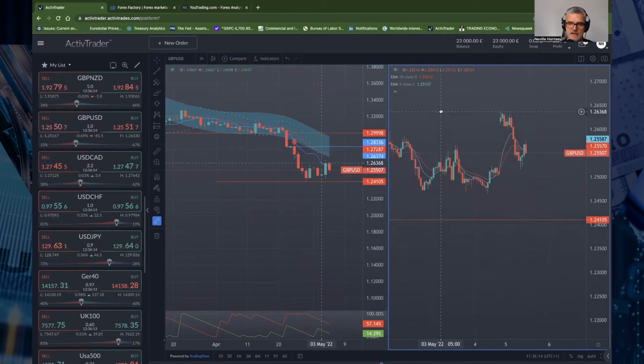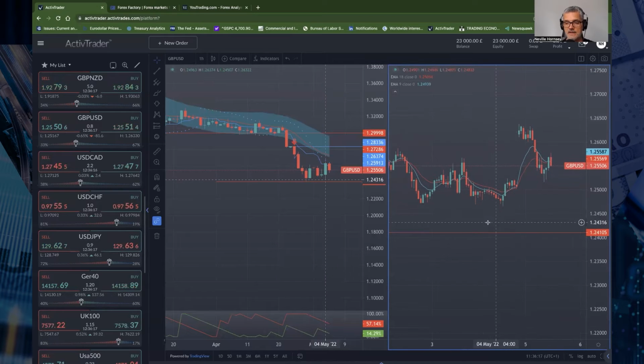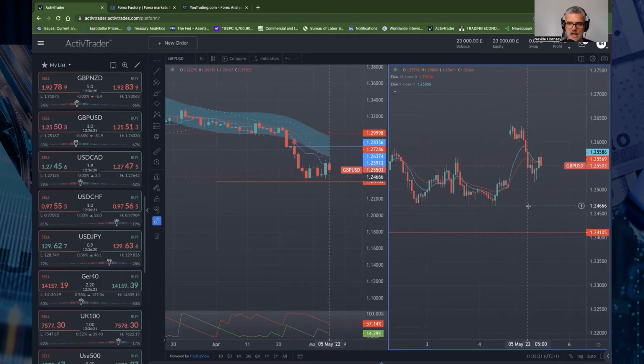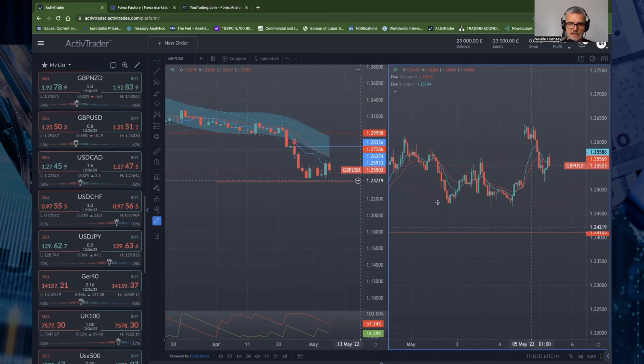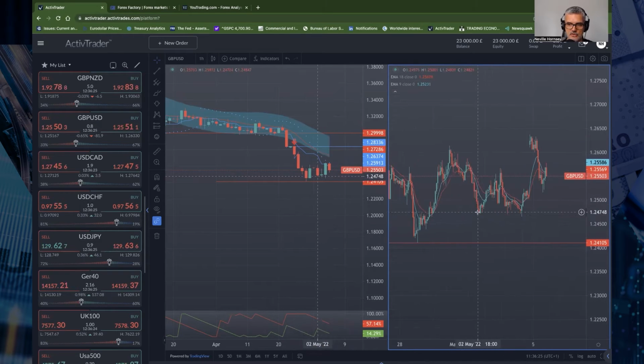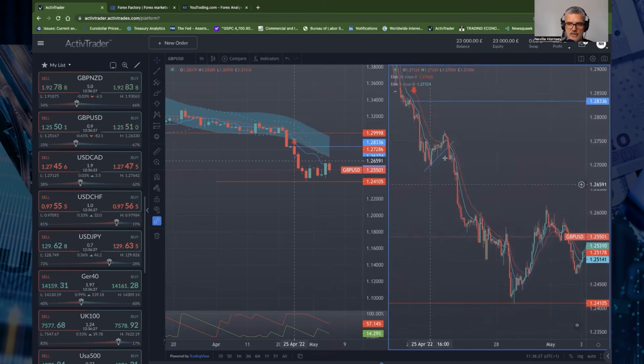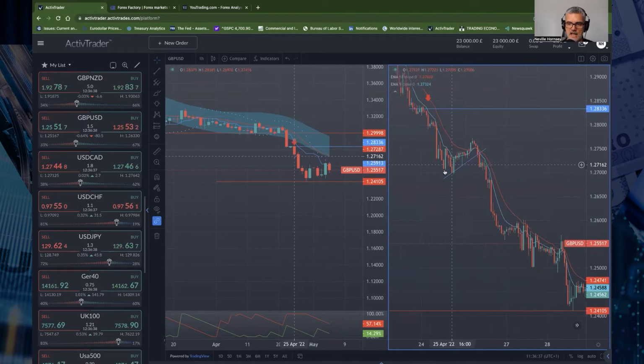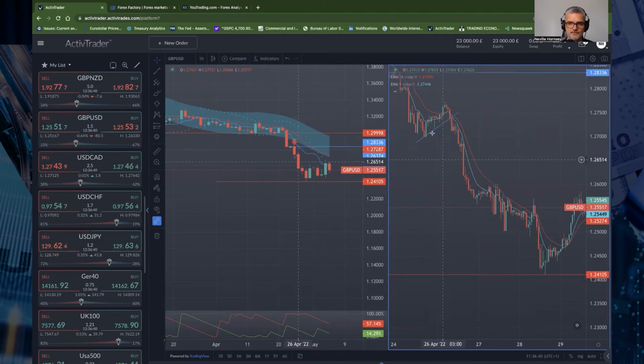If we look to the right-hand side, we've got an intraday strategy. So a 9-period moving average and an 18-period moving average. Obviously, when we're in a downtrend, we're looking for the price action to compress into the 18-period moving average, for price action to come back below the 9 and then continue to the downside. And we've got a similar setup strategy that you can learn at the academy.